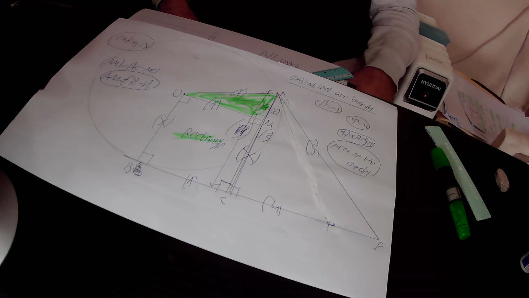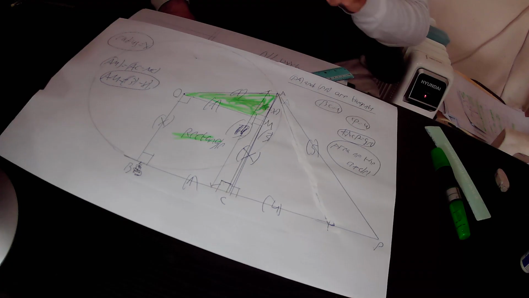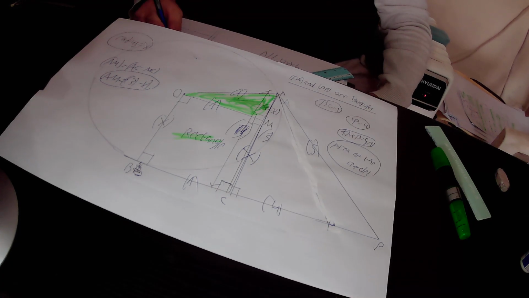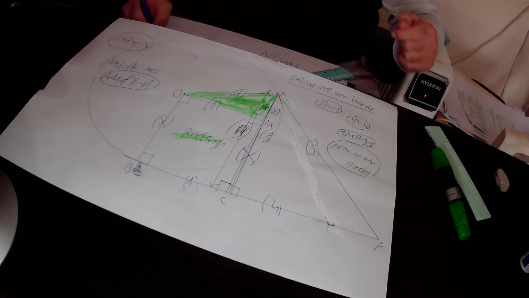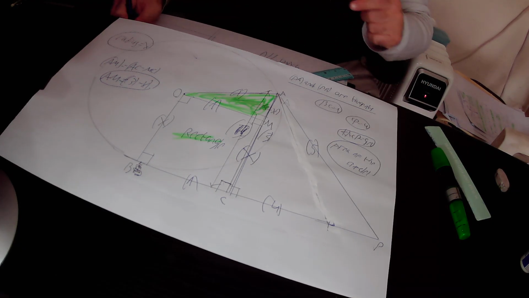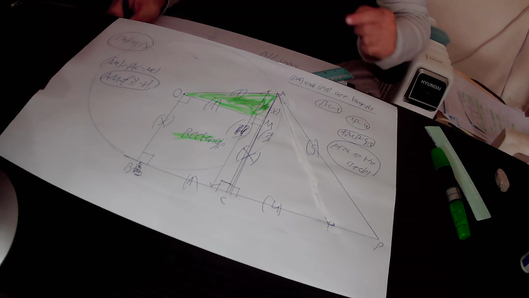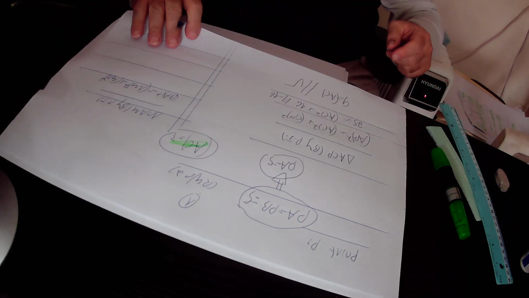According to the Pythagoras theorem, in this right triangle OAM, OA squared, that is the square of the hypotenuse, equals AM squared plus MO squared. But again, in this right triangle AOM, according to the Pythagoras theorem, the following equation is true.